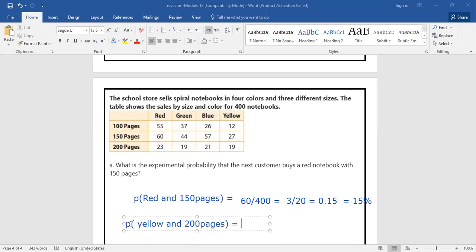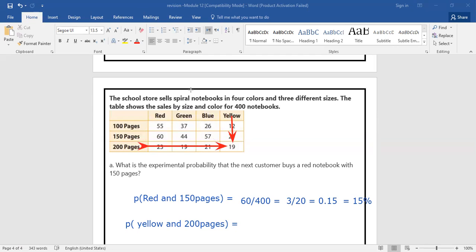Where is the intersection cell? It's yellow, so you can determine it: 19. Very good, because it's yellow, so we will go down till it intersects with the 200 cell.